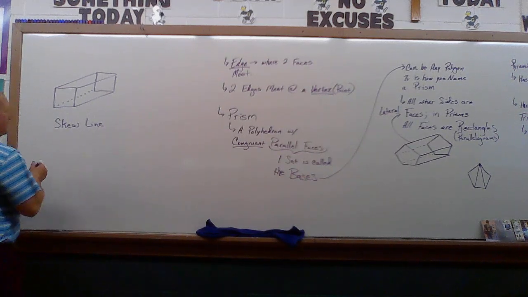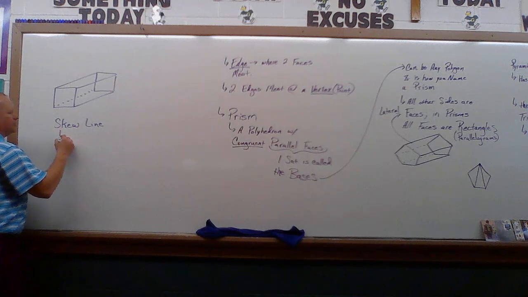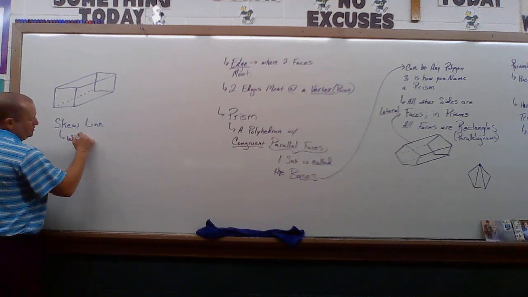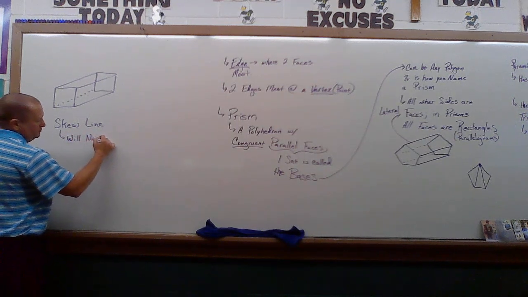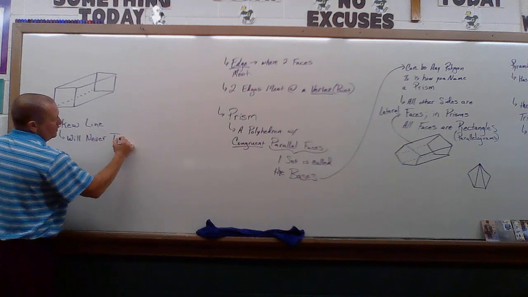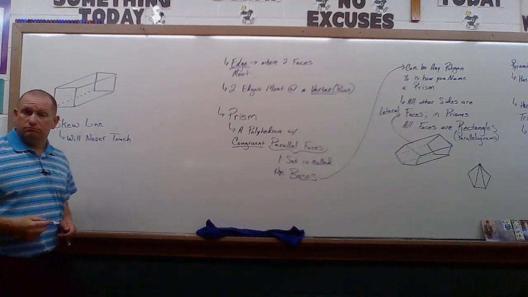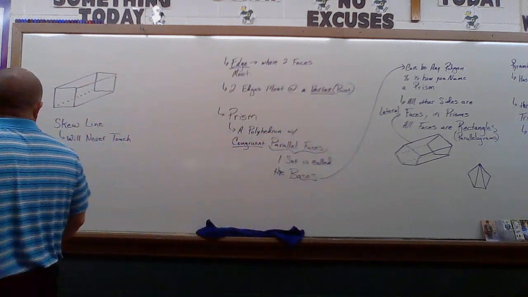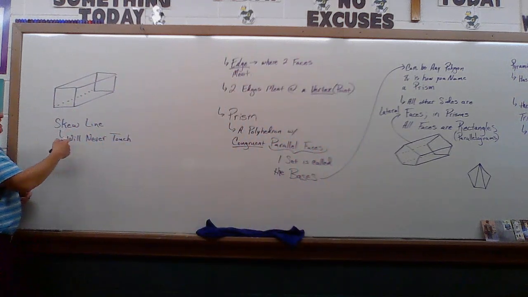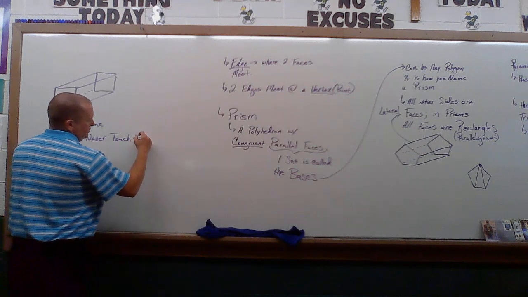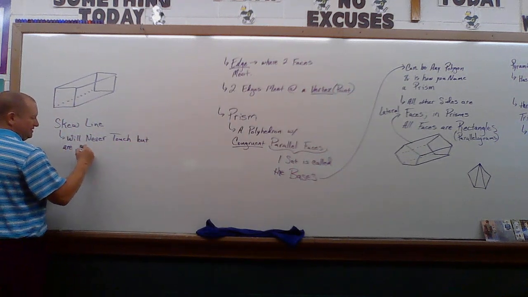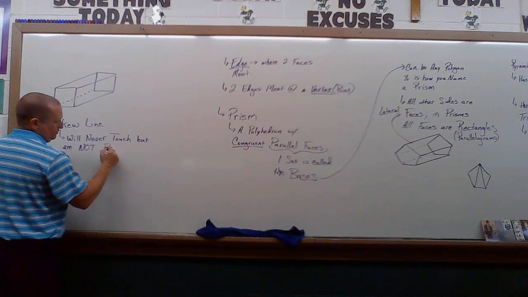So if I would tell you that skew lines to each other will never touch, if I would write that, what would that bring to mind to you? Parallel lines, right? So what if I would tell you skew lines will never touch, but are not parallel to each other?